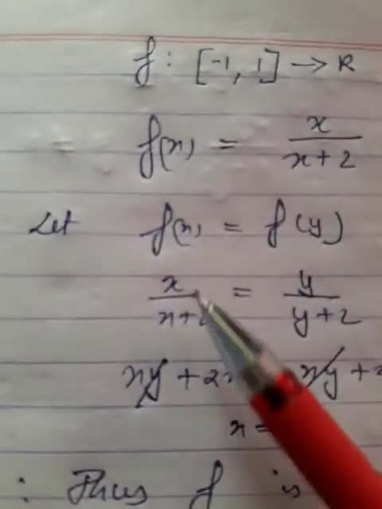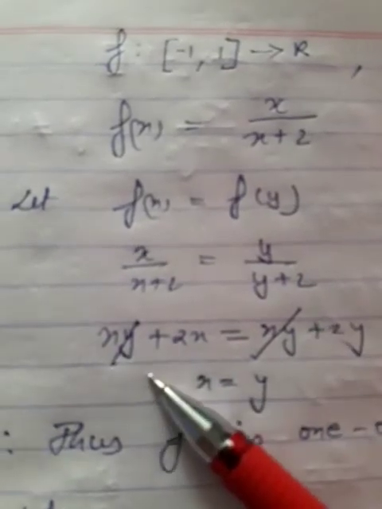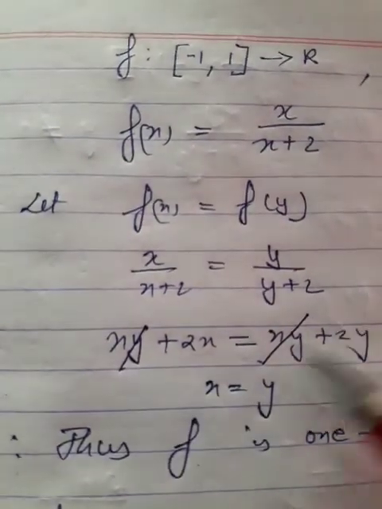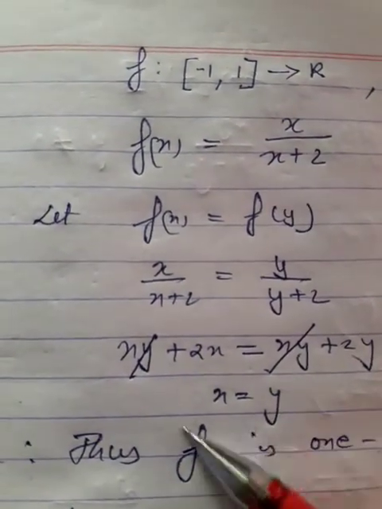Now we will simplify it by cross multiplication. So x times y is xy, x times 2 is 2x, y times x is xy, and y times 2 is 2y. xy and xy cancel. Now 2x equals 2y, 2 cancels, so we get x equals y.